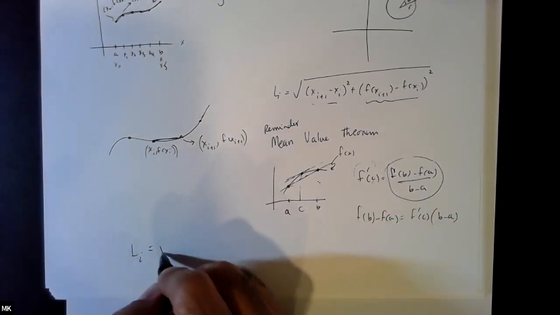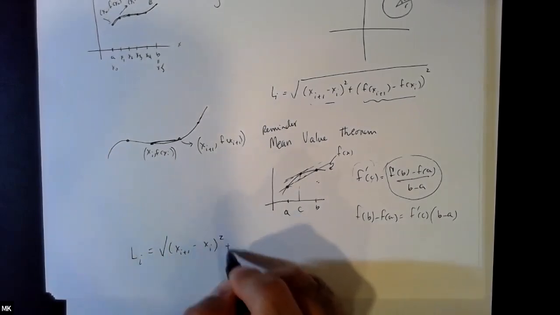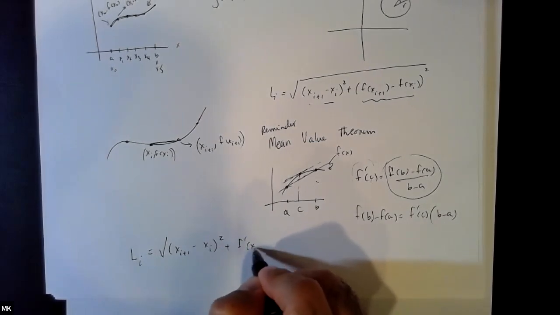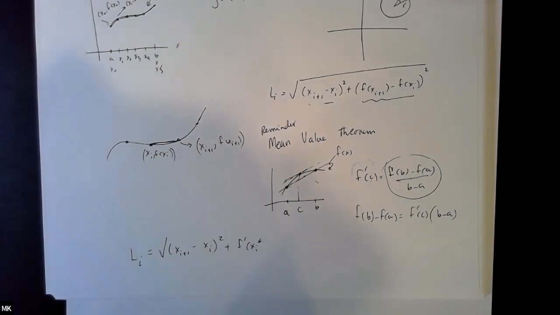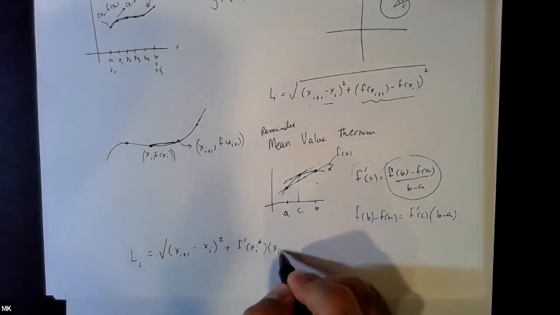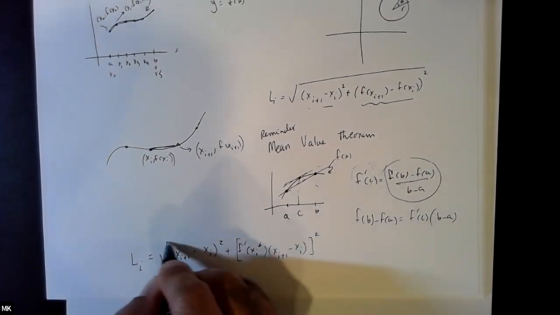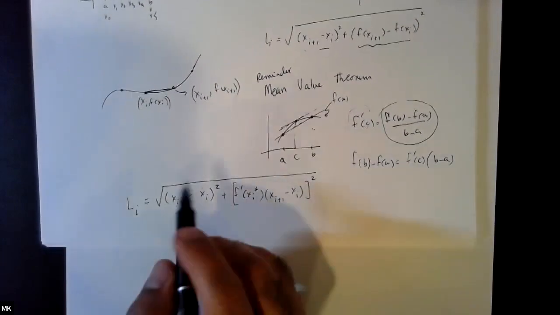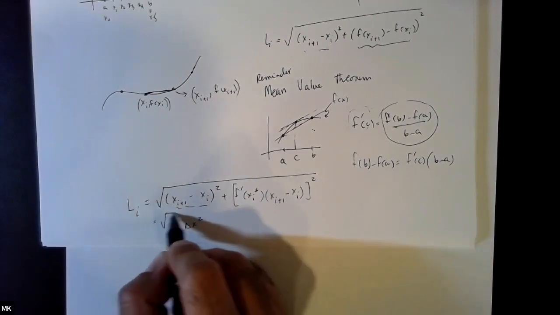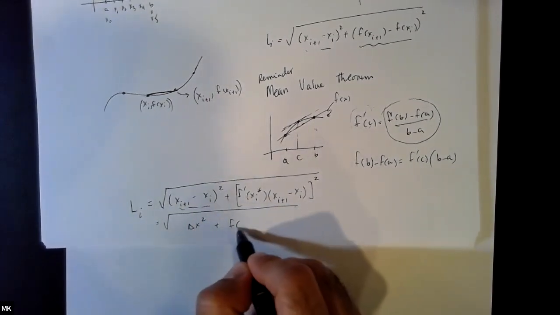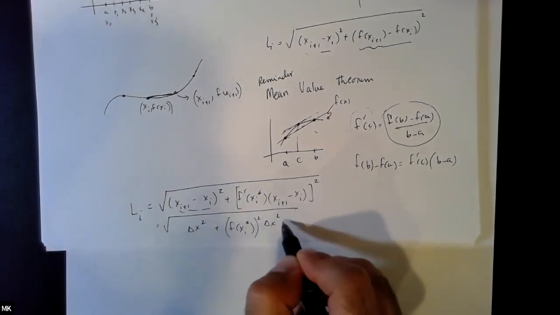L_i is equal to the square root of (x_{i+1} minus x_i) squared plus (f prime of, let's just call it x_i star, for some c in between, for some x_i star in between, times again x_{i+1} minus x_i), and then the quantity of this squared, which is nice because now I have this is delta x squared, this is f prime of x_i star squared delta x squared.